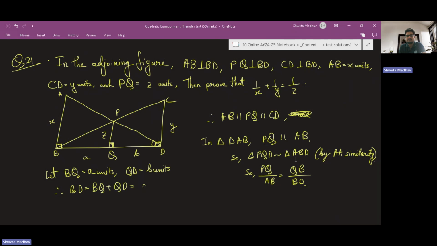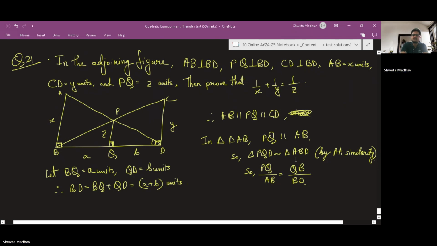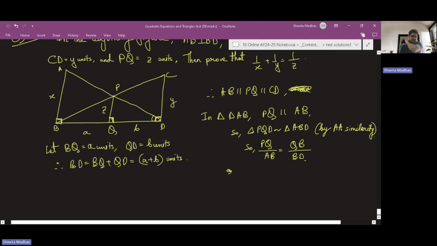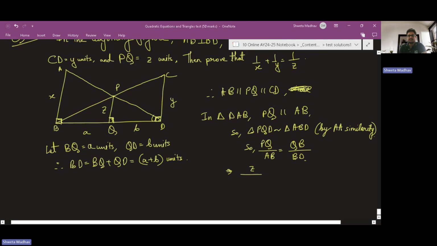So I can say that that will be A plus B units. So now PQ by AB, PQ is Z, AB is X. That means QD, that is B, by BD, that is equal to A plus B.